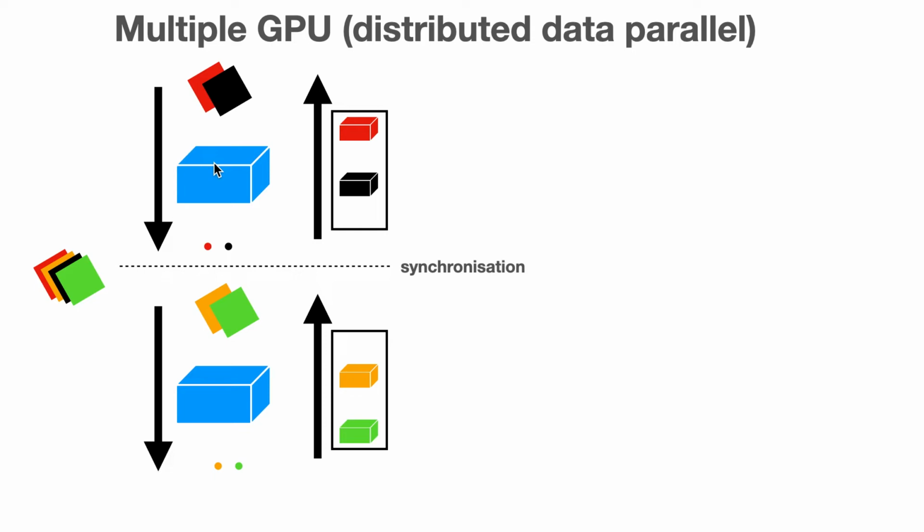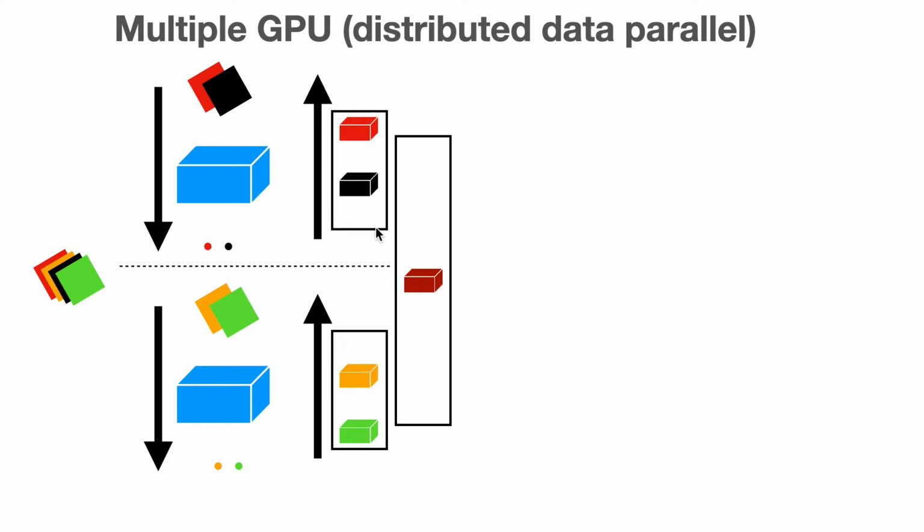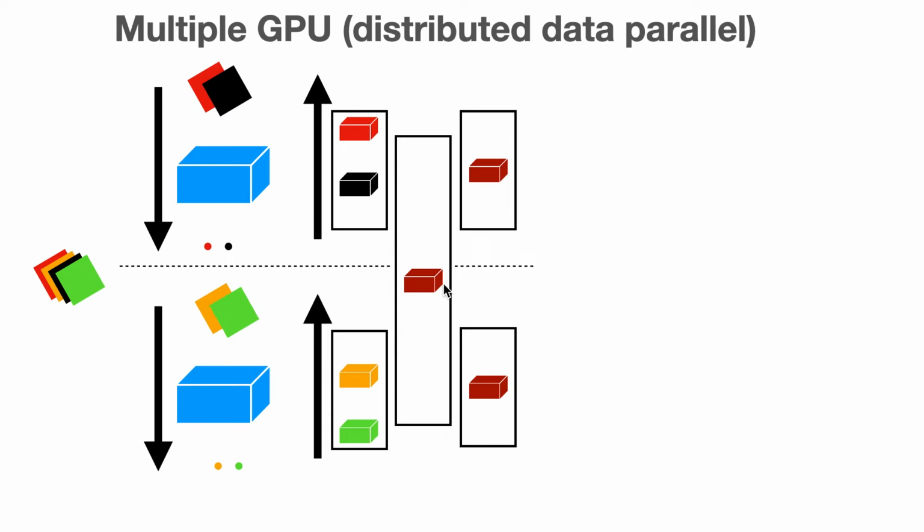So we are going to have some kind of barrier here to ensure that all the GPUs have computed the gradients. And once all the GPUs reach there, we calculate the average of these gradients across the GPUs. So some data transfer happens across GPUs to calculate this gradient. And then this gradient is replicated over both the GPUs.